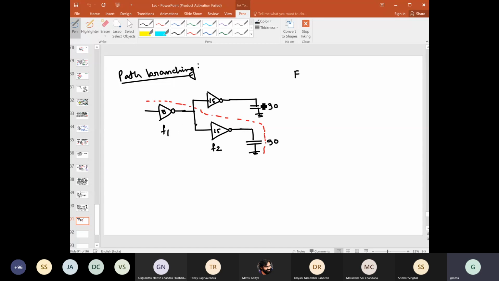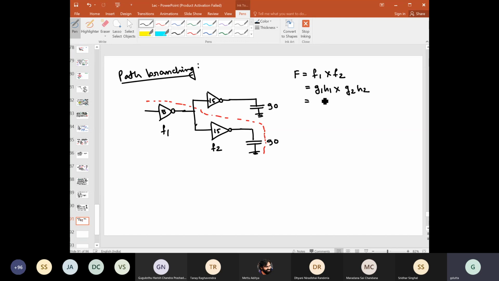Okay, so see here, what is the total F? Total effort is F1 into F2. How do we find F1? F1 is for this, so it is G1 H1. And F2 is G2 H2, right?